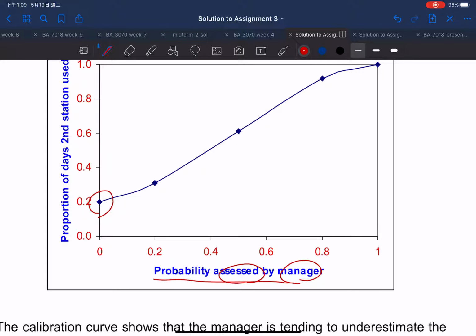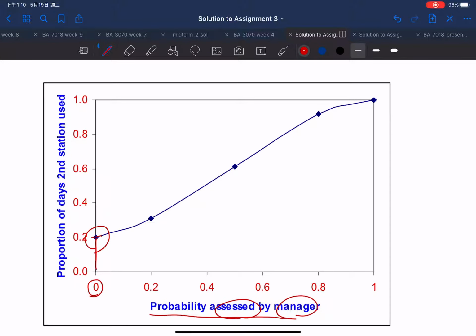So this is like I predicted that tomorrow's raining probability is 0%. So out of many days in the past, when I predicted that the raining probability is 0, actually about 20% of those days it rained. Understand? So that's why the height here is 20% or 0.2.